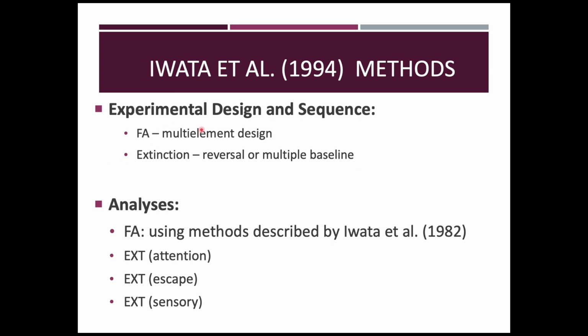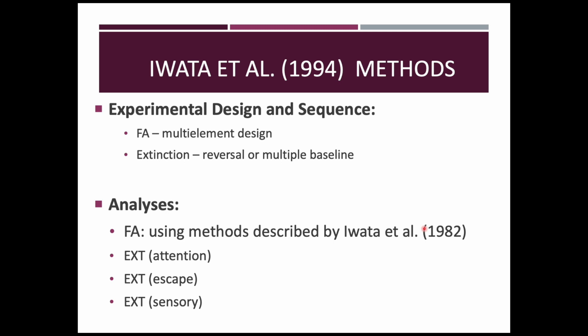Response measurements were individualized for each individual, but consisted of SIB recorded during the percentage of 10-second intervals. For the experimental design, they first conducted a functional analysis, and that was done in a multi-element design. Then they assessed different extinction procedures using a reversal design or a multiple baseline. So the basic sequence of events was they first conducted a functional analysis, described by the procedures first identified by Iwata et al. in 82.